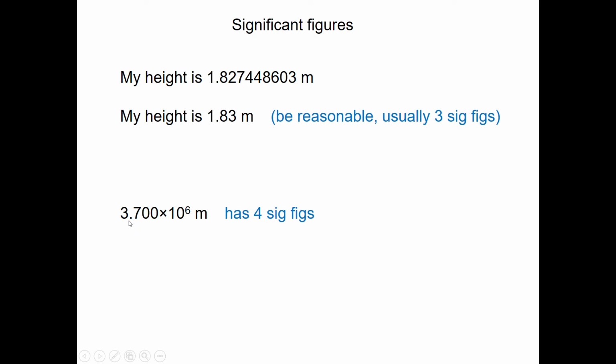And the claim is that whoever wrote down this number really believes that they know that this digit is a 7 and that this digit is a 0 and not a 2. This digit right here is a 0 and not a 1. Because they have been specified, in this case you didn't have to put those extra zeros there.